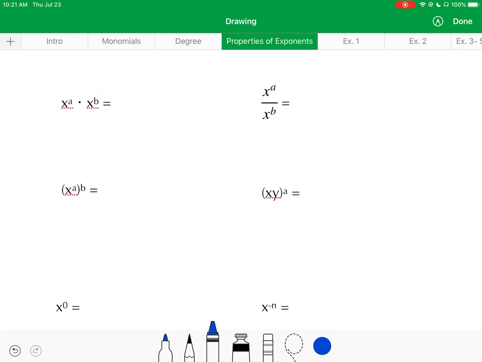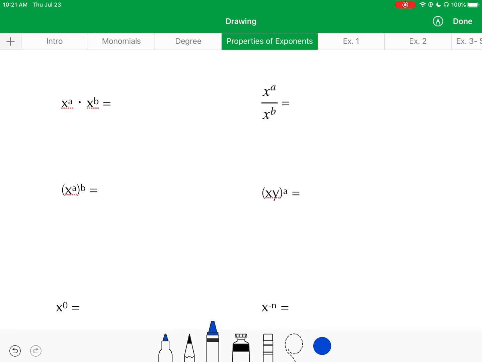All right, now let's look at some properties of exponents that can be used to perform some different operations on our monomials, right? These properties are probably not new to you. The new concept would be thinking of them in terms of monomials, utilizing them with operations on monomials, okay?